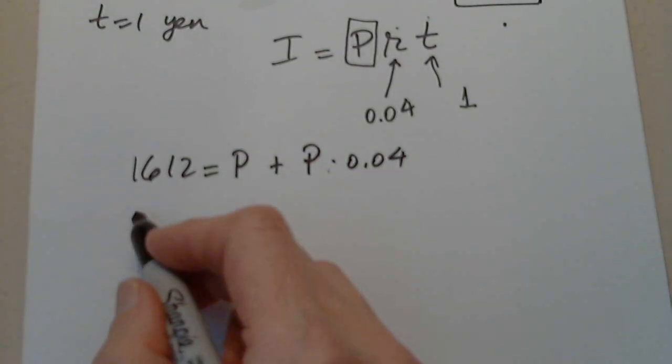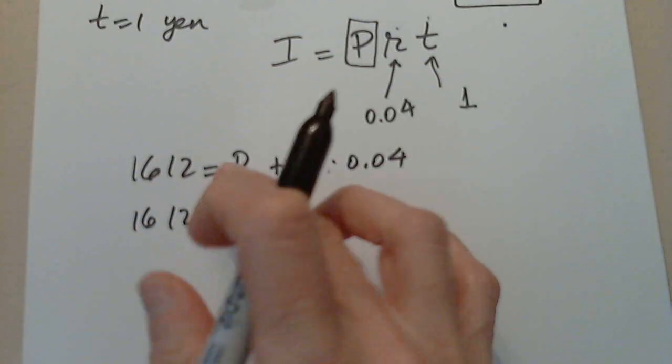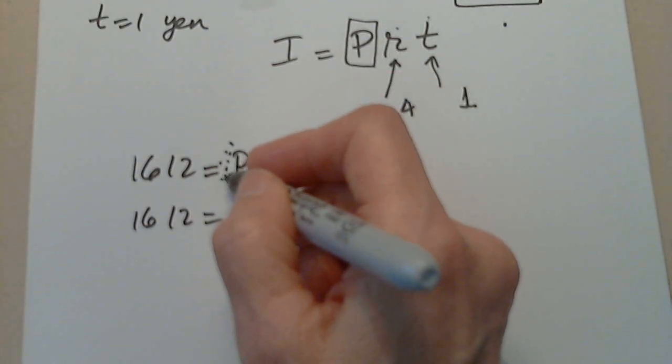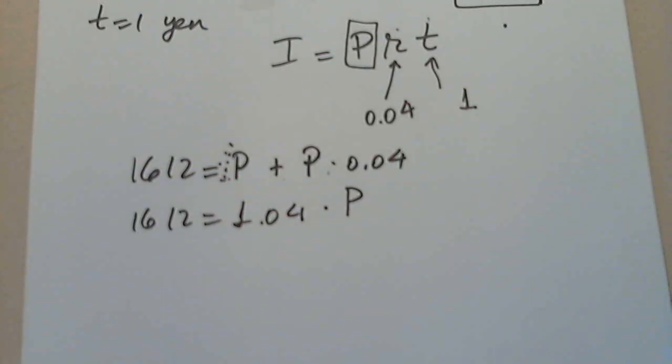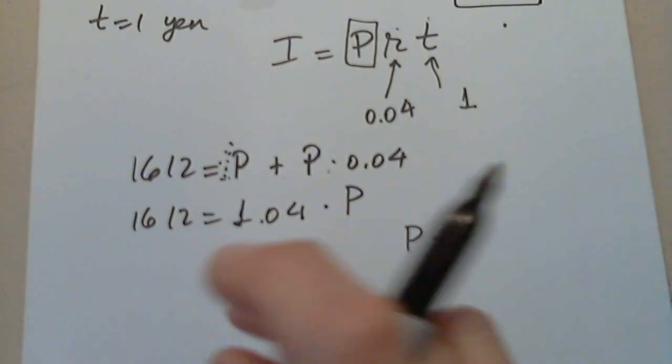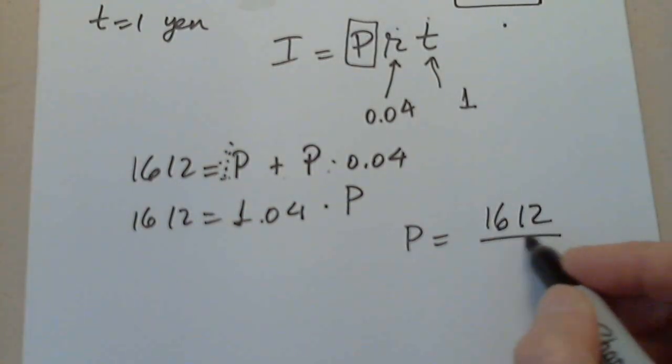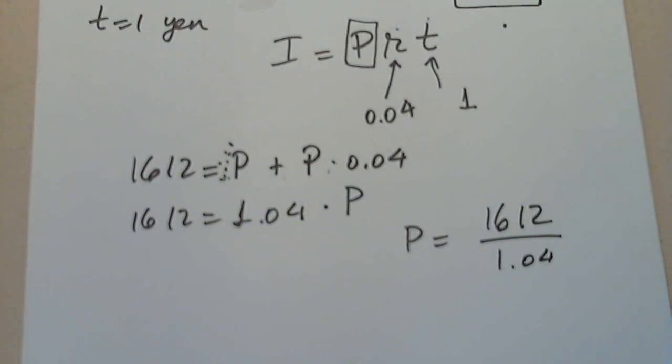So then 1612 equals 1 plus 0.04, which is 1.04, times P. Very good. So now we have to divide 1612 by 1.04. I totally agree. So let's divide.